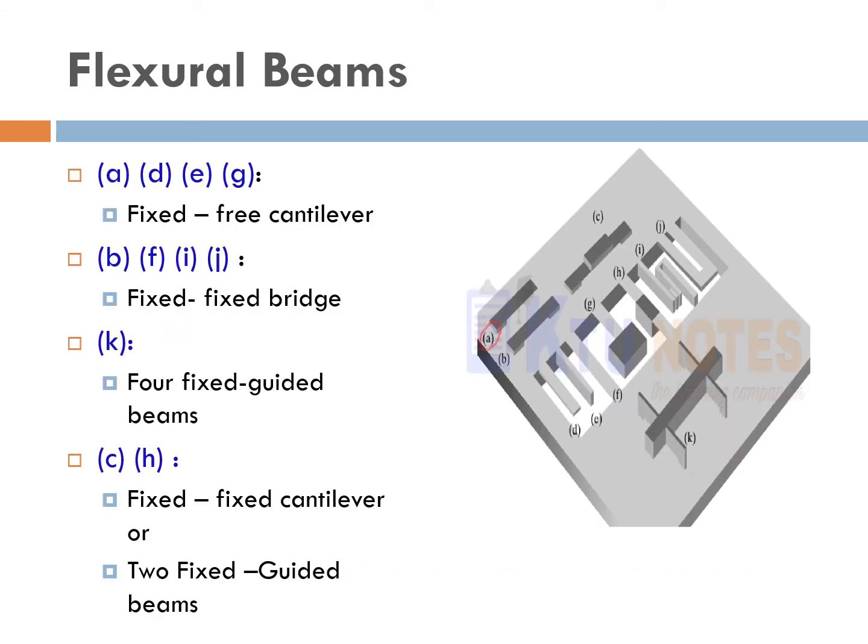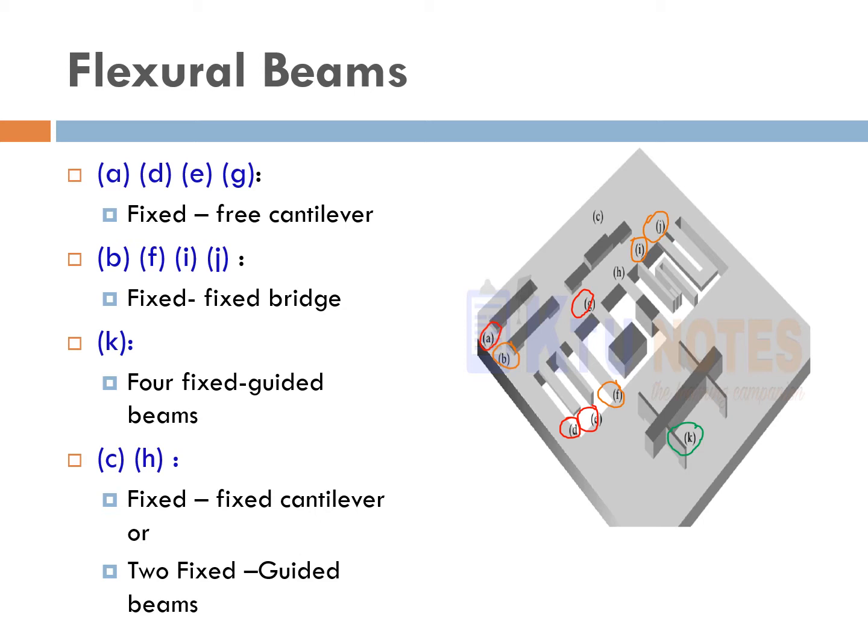The structures marked A, B, E and G in this figure are fixed free cantilever beams, whereas the structures B, F, I and J are fixed bridges. The structure K is a combination of four fixed guided beams connected to a rigid shuttle.